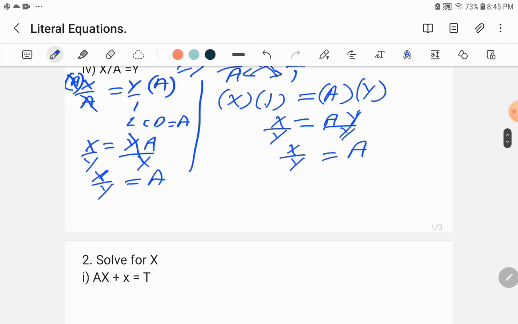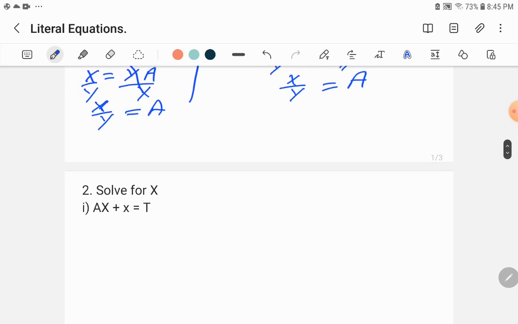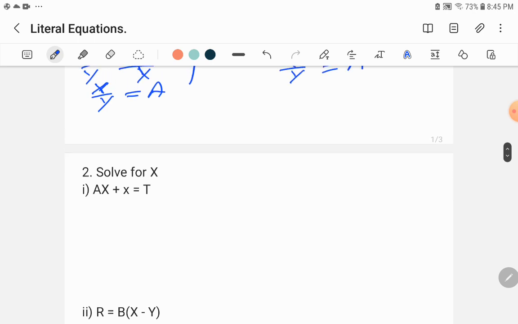Okay, let's look at a second example. In this second example, we're going to be solving for x. And this first one here, ax plus x equal to t. So from this one, what I want you to learn is that a capital X is not the same as lowercase x.